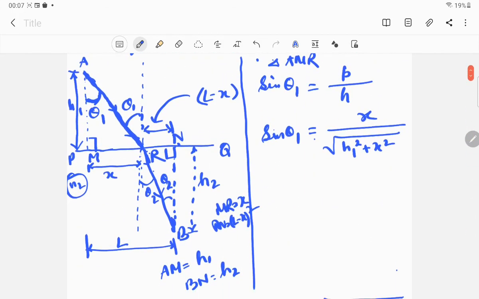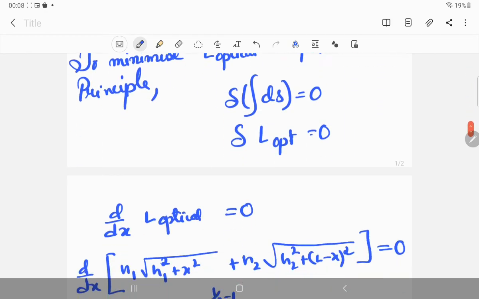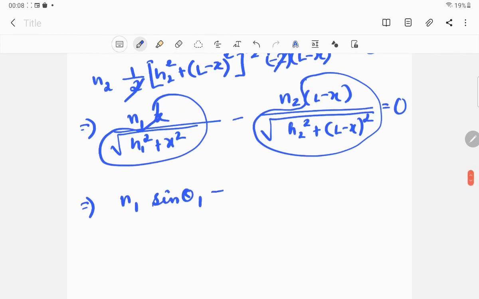Similarly, from triangle BNR, sine theta 2 is again perpendicular by hypotenuse. This time also the hypotenuse is root over H2 square plus L minus X whole square, and the perpendicular is L minus X. So in this place we can write N1 sine theta 1 minus N2 sine theta 2 is equal to 0.